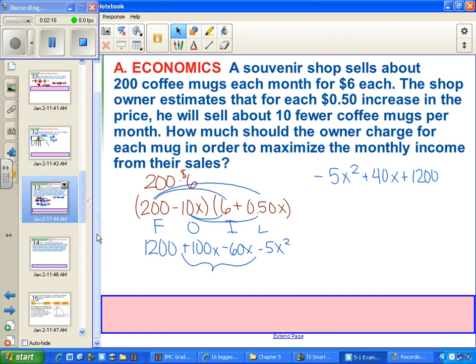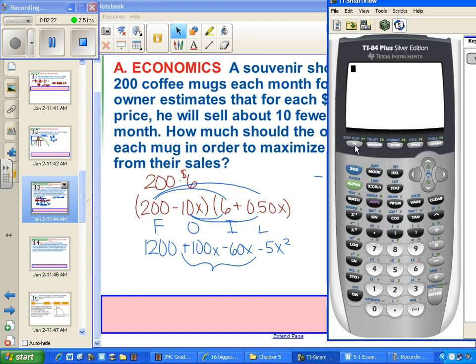All right, let's take this and put it into our calculator. So pull out your calculators and type in the equation. Okay, once you have your equation in, then we can just hit graph and see if we get anything.